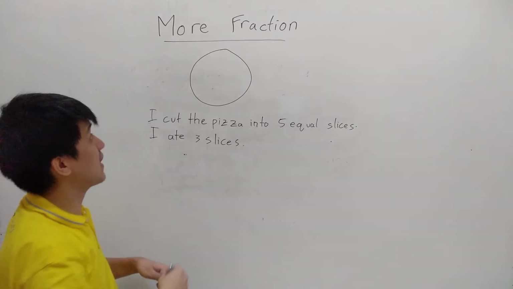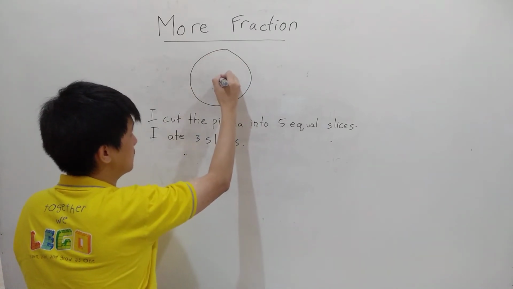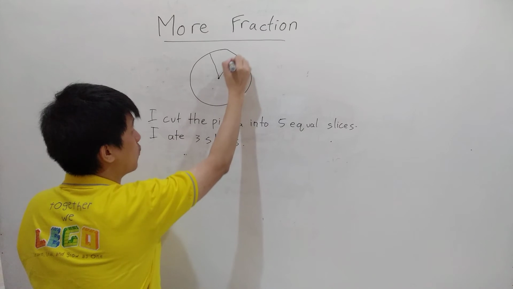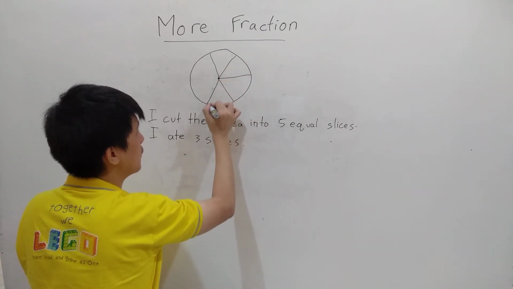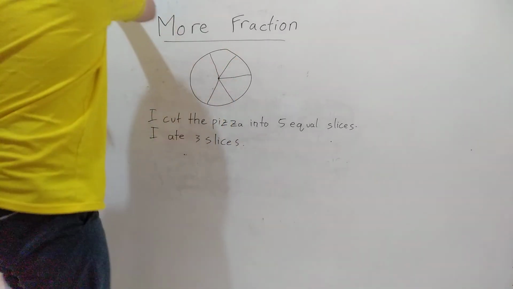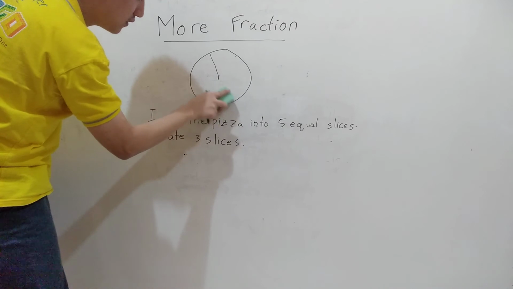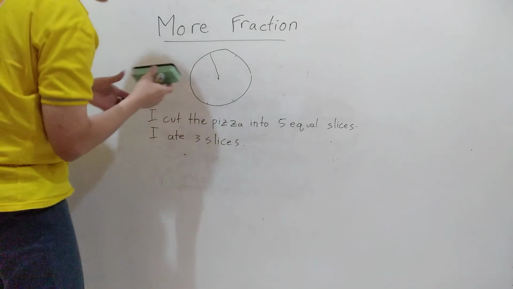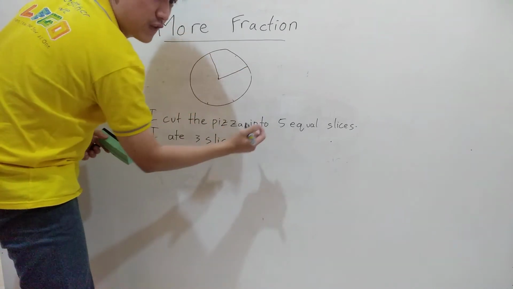So I cut the pizza into 5 equal slices. 1 slice, 2, 3. I'm sorry, this is not really equal. We have to try to make it as equal as possible. Remember, we should have 5 equal slices.